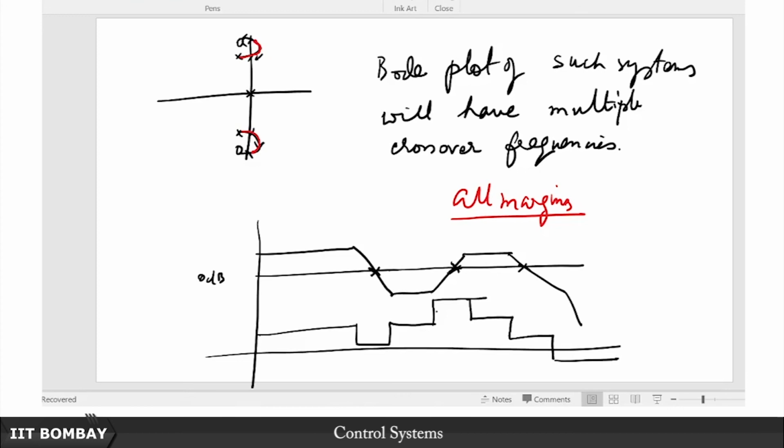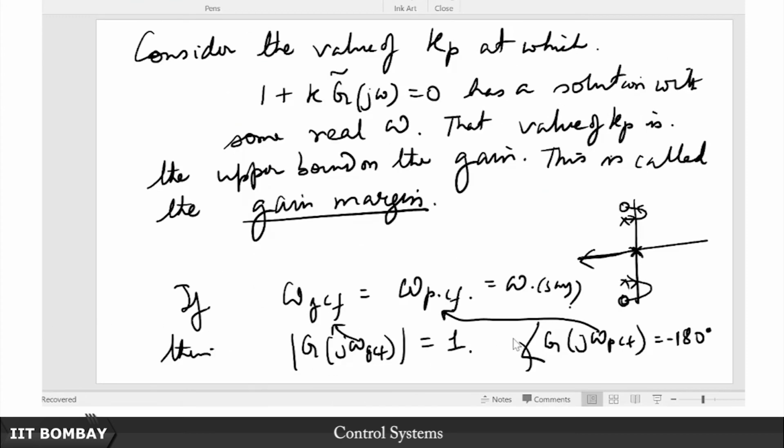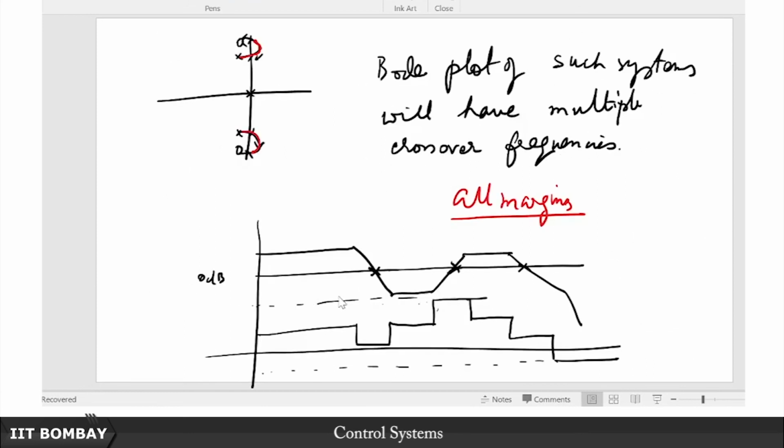So you see, you could have hit plus 180 degree in one direction, you could have hit minus 180 degree in the other direction. So you have to be very careful then, because remember the angle criteria is satisfied. The point I am trying to make is this: the angle criteria is satisfied for both plus 180 degree and minus 180 degree, and if you have such a collection of poles and zeros, even if the phase plot hits plus 180 degree, that is a concern for you, right.